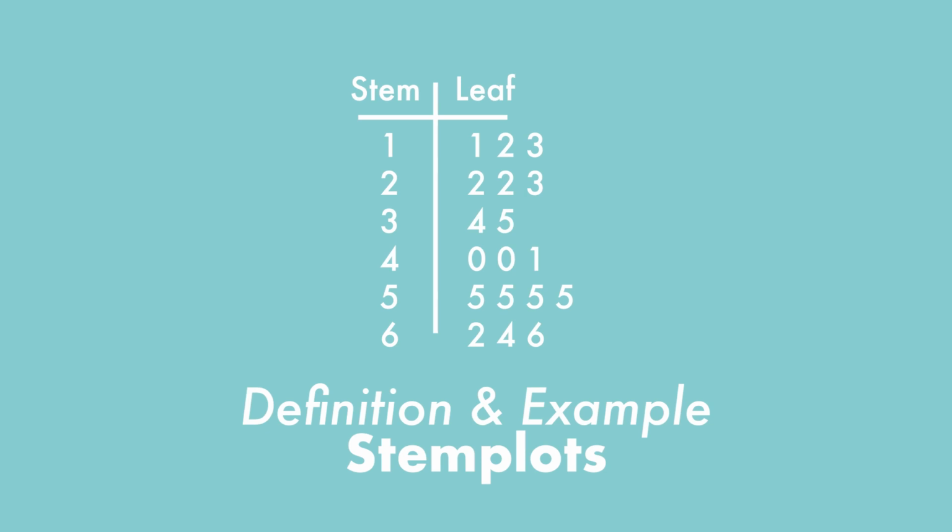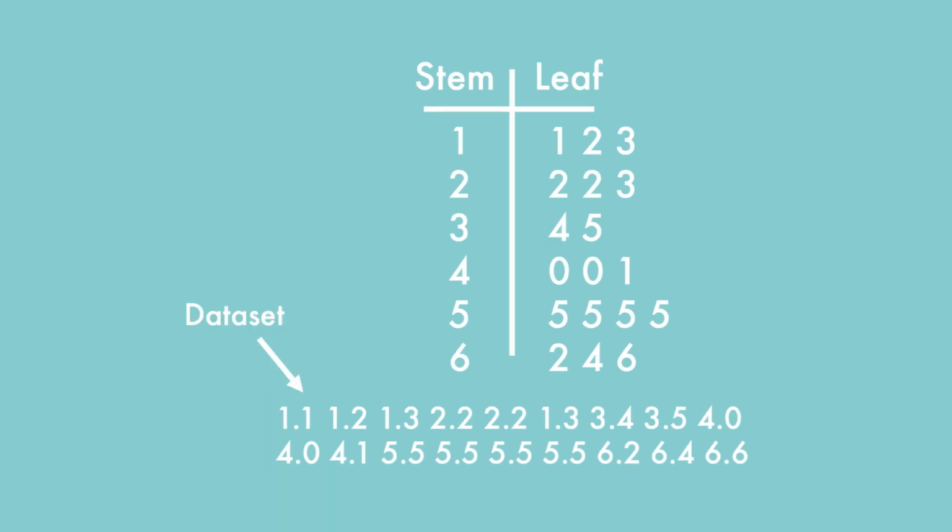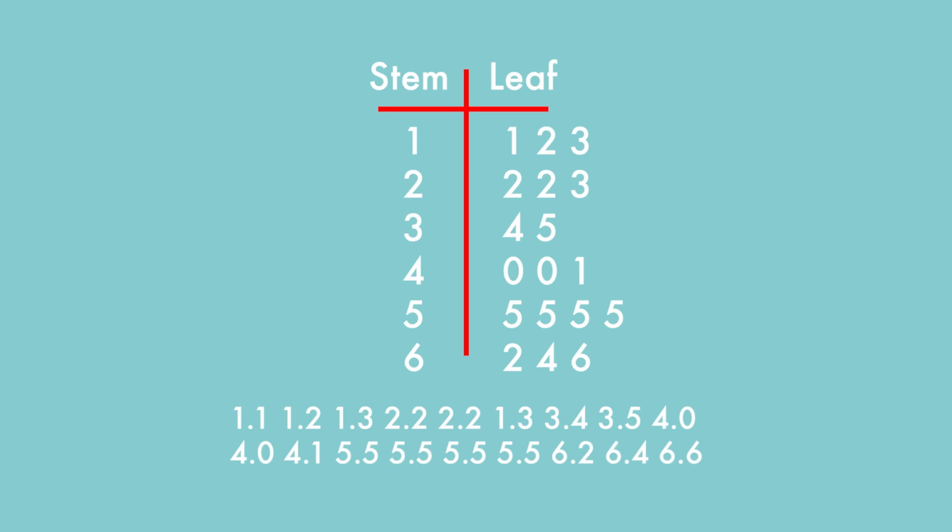Let us examine a type of graph called the stem and leaf graph or stem plot. This graph is a suitable option for small datasets. It is represented as a special table where each data observation or value is split into a stem, that is the first digit or digits, it depends on what you want, and a leaf, which is usually the last digit.